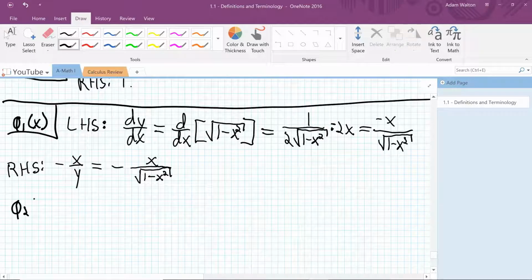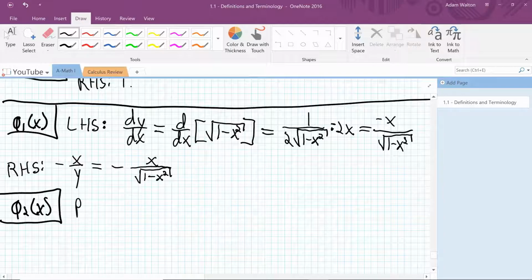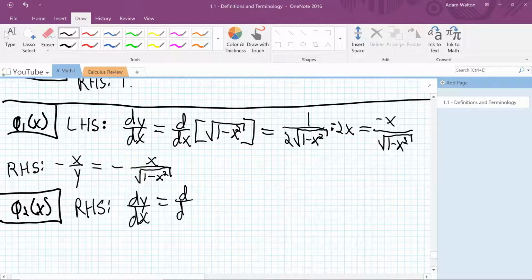So now let's go to phi 2 of x. Take our right-hand side approach here. So we have dy over dx is equal to the derivative with respect to x of negative square root of 1 minus x squared. And we know what this is going to be. It's just going to have the opposite sign, right?